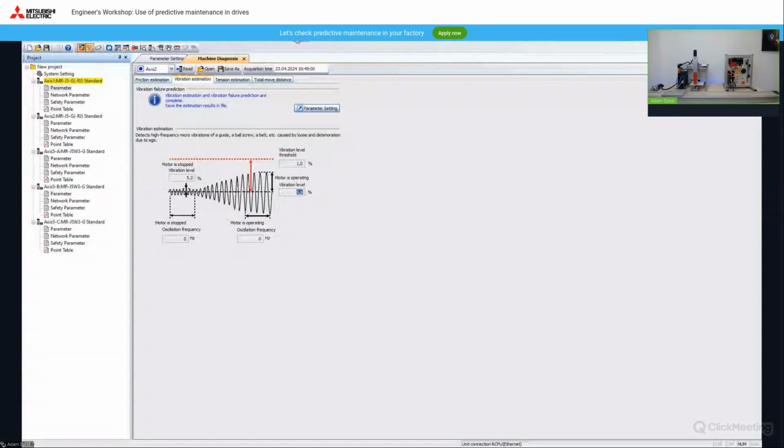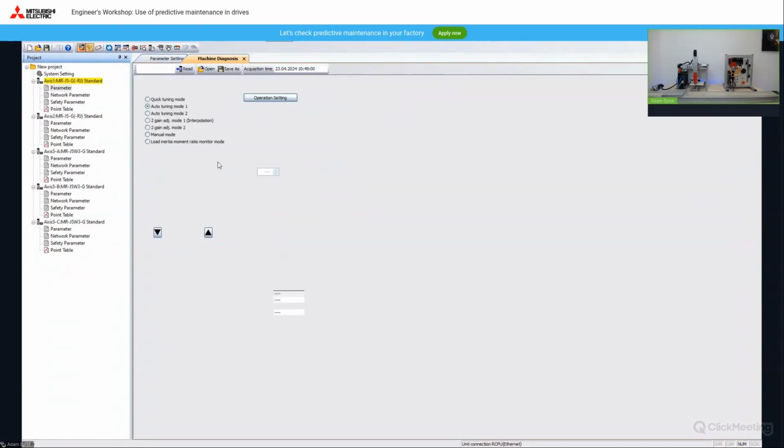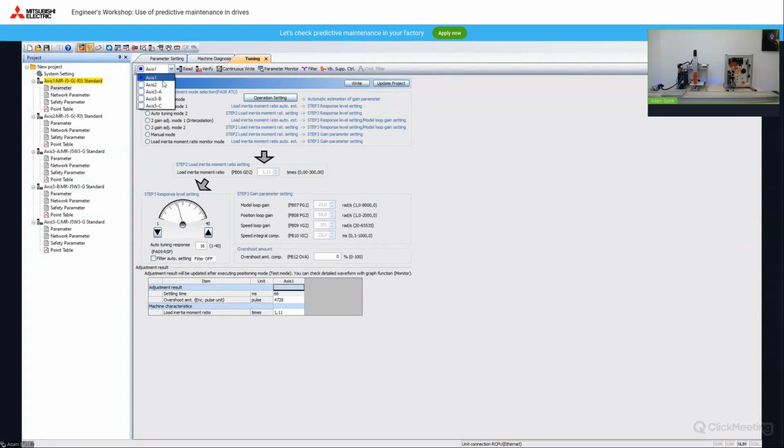So to prevent the deterioration of the axis, we should lower the tuning of this axis to prevent some failure in the future.